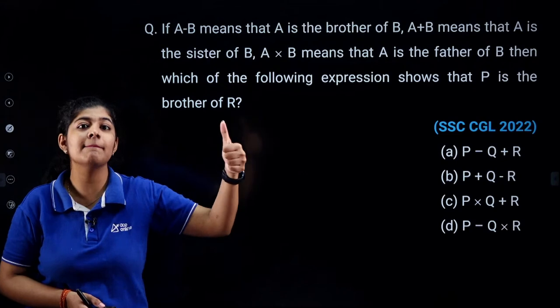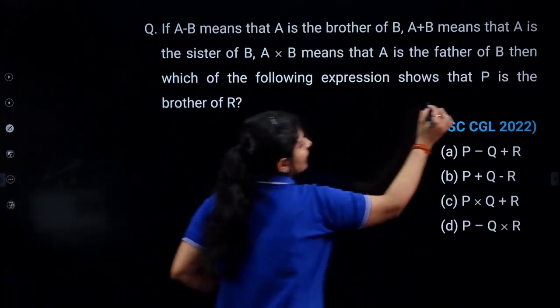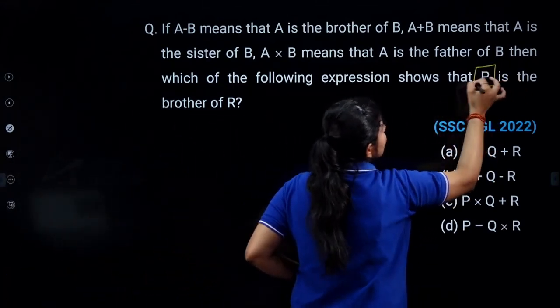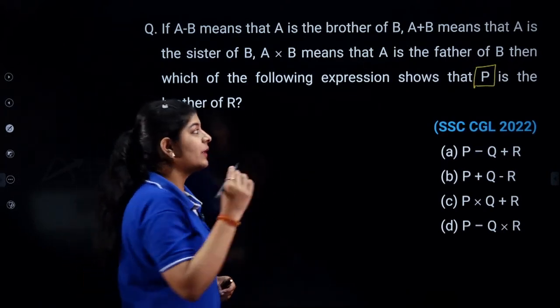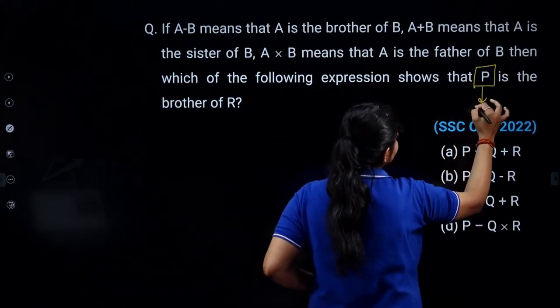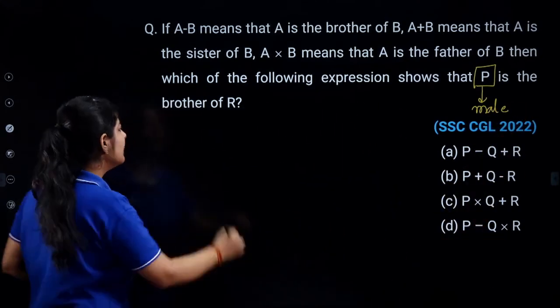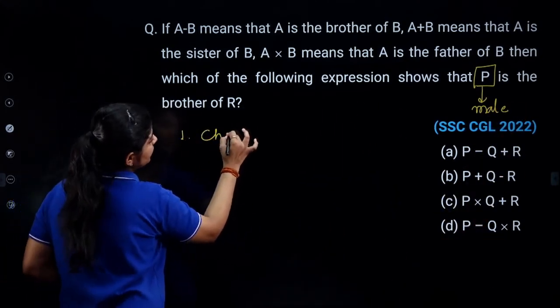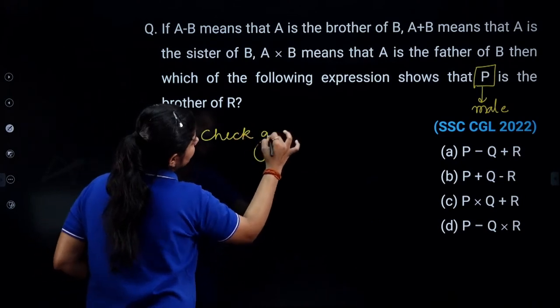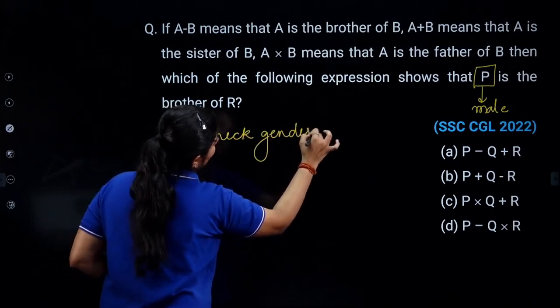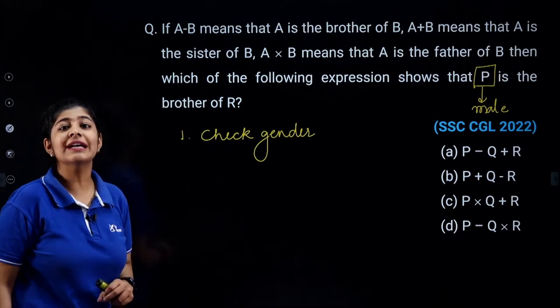We need P as a male. So the first step is: check gender. We need to check the gender.